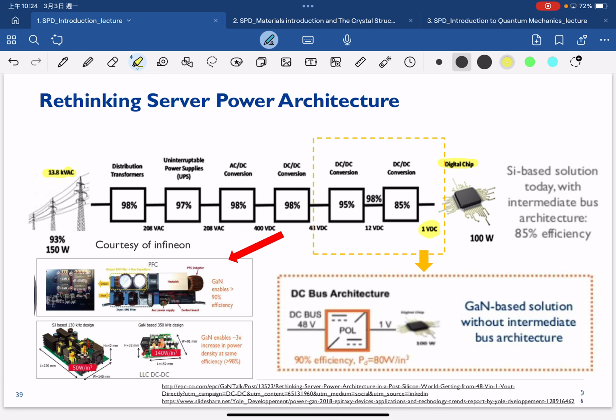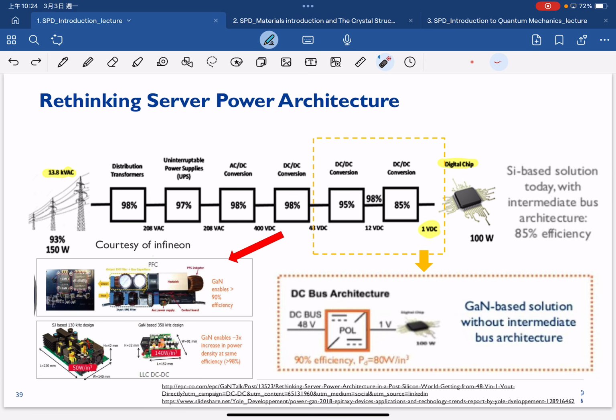For example, first of all, we have more than 13.k kilovolt AC voltage, and the first stage is we try to transform to the 200 volt AC, and we transform to the 400 volt DC, and start to go down to the 48 volt and 12 volt and down to 1 volt here.